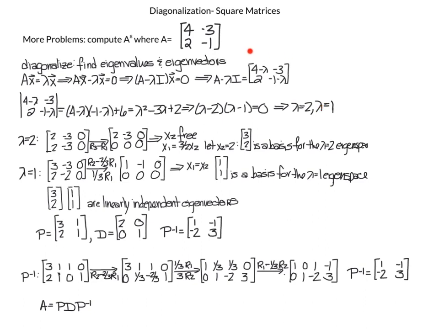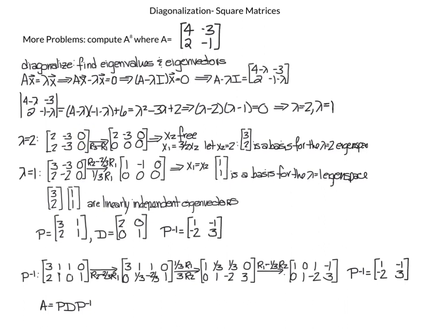Plugging lambda equals 2 into our eigenvector equation to find the eigenvectors associated with lambda 2. Plugging in 2, 4 minus lambda is 2, and then we have a minus 3, we have a 2, and then minus 1 minus our lambda 2 is equal to minus 3.